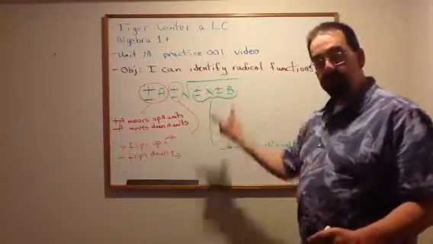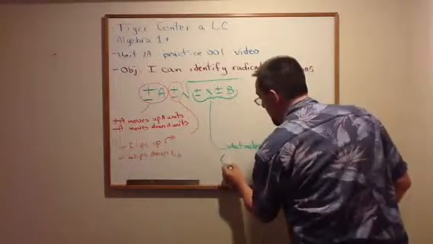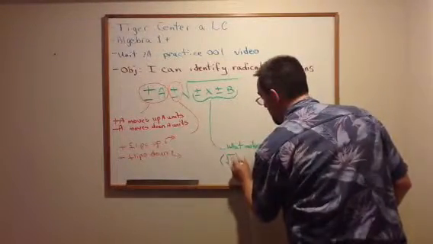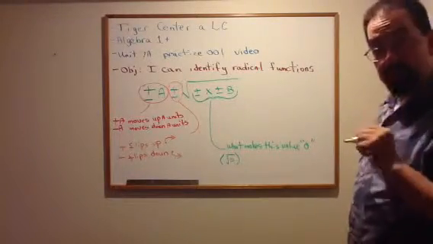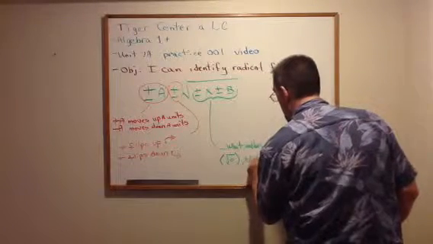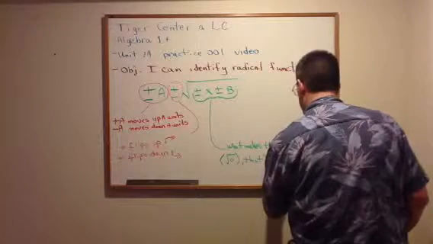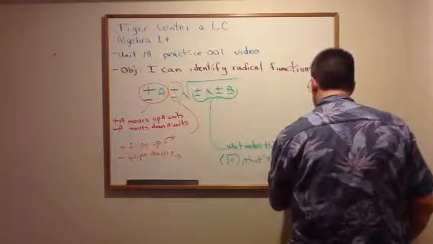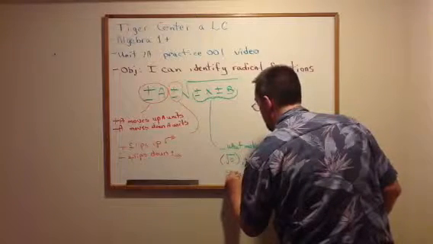What x value makes the inside 0? Or looks like this. That x value will be our starting point. That x value is the starting point.